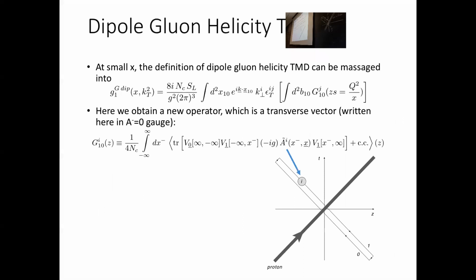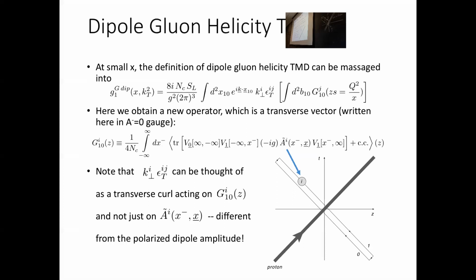We get this dipole TMD related to a different dipole amplitude, which now has a transverse index j, which actually just has an insertion of a transverse gluon field, not F_12, but just a transverse gluon field. So it's a different beast.